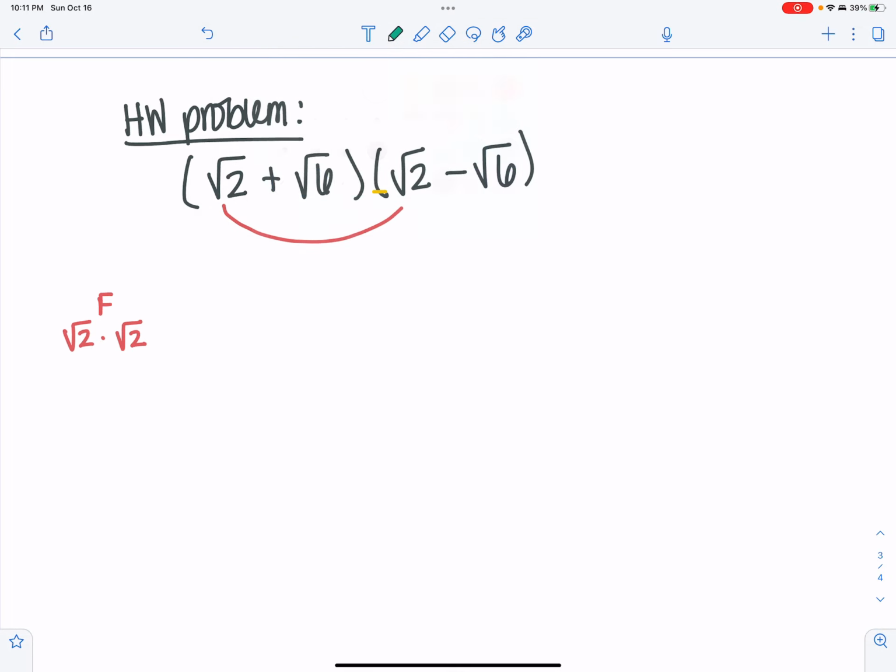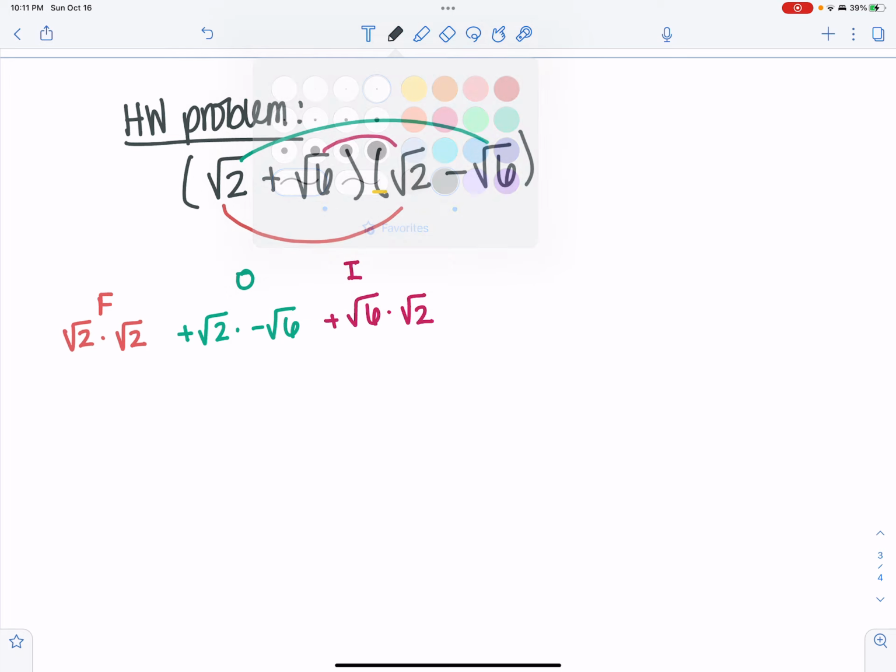Outer, square root 2 times negative square root 6. Inner, square root 6 times square root 2. And then last, square root 6 times negative square root 6.